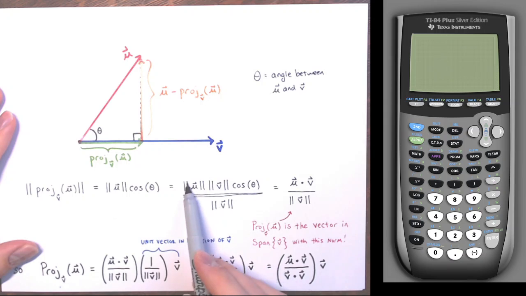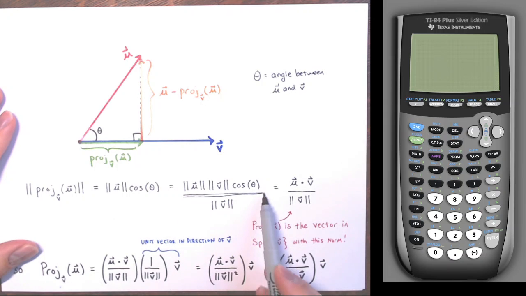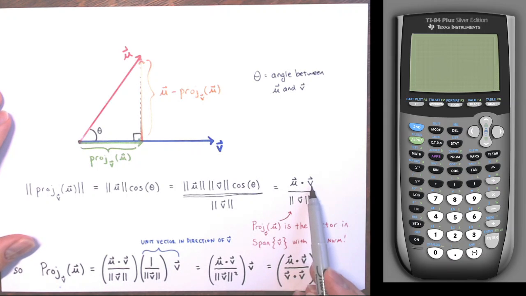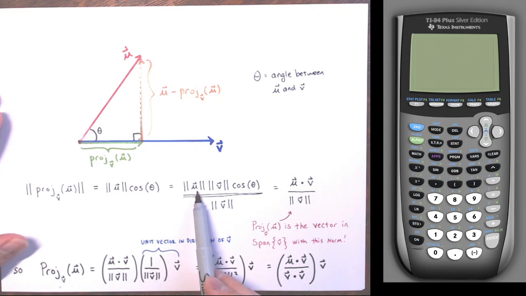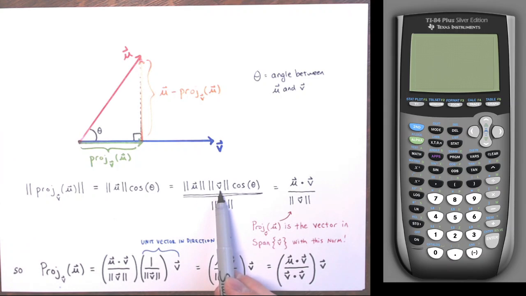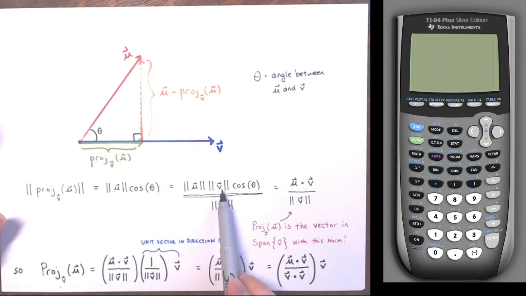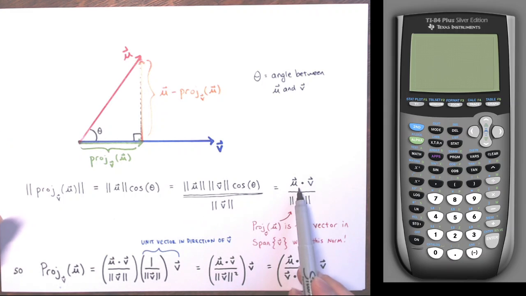And this expression in the numerator, I'm hoping, looks familiar to you. This is hopefully a refresher on dot product. Remember the dot product in Euclidean space of two vectors was the norm of one vector times the norm of the other vector times the cosine of the angle between them. So the numerator is equivalent to just the dot product of vectors u and v, and then we still have the denominator of the norm of v.